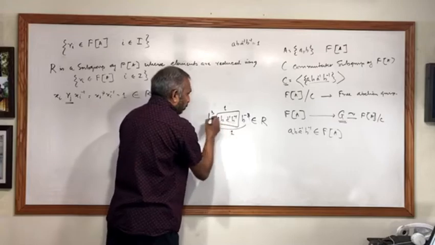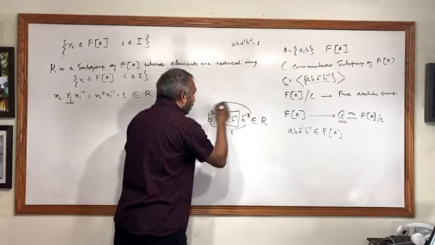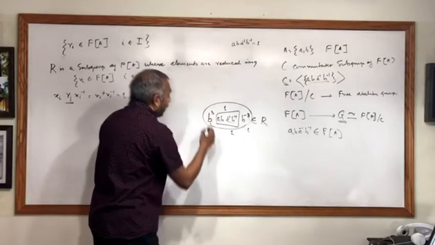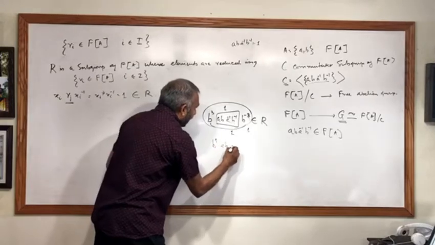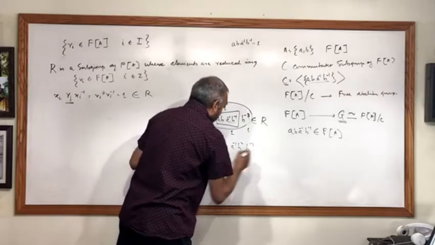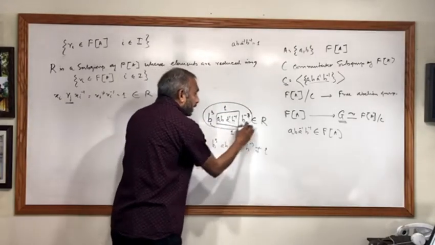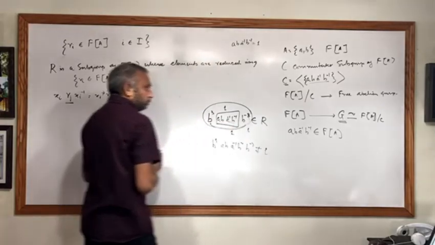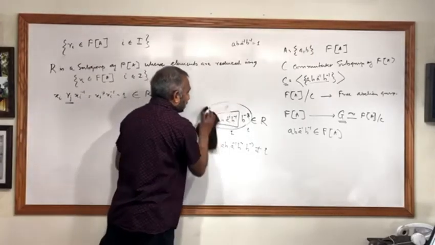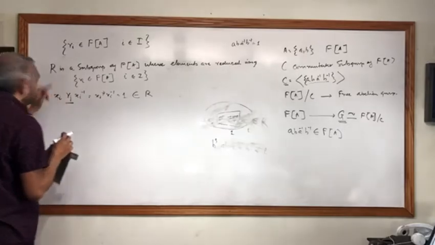When you compute, this will be 1. So the whole expression is 1. But actually in f of A, B cube AB A inverse B minus 3 is not equal to 1. This is a different group we are constructing. It's a subgroup of f of A. They are not equal, but this element is in R.